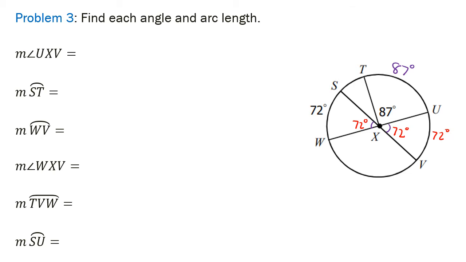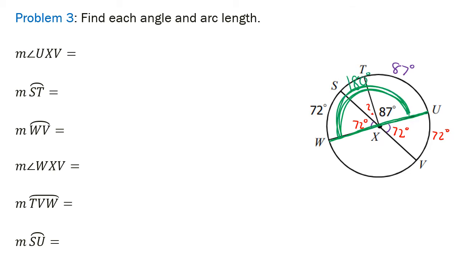To find, say, this angle right here, you may notice that UW is a diameter, which means this is half of a circle, which is 180 degrees.